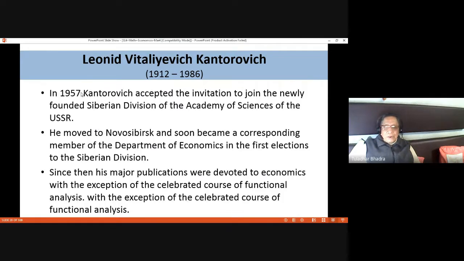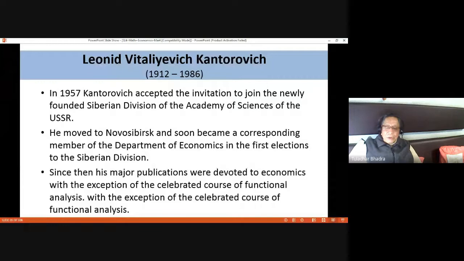In 1957, Kantorovich accepted the invitation to join the newly founded Siberian division of the Academy of Sciences of the USSR. The main Academy of Sciences is in Moscow. He moved to Novosibirsk, which is in Siberia, and soon became a corresponding member of the Department of Economics in the first elections to the Siberian division.